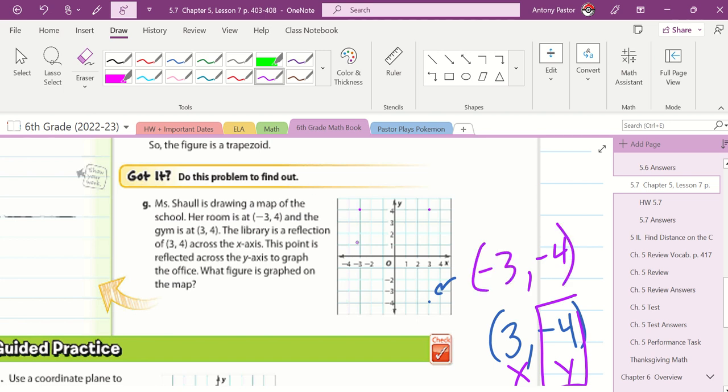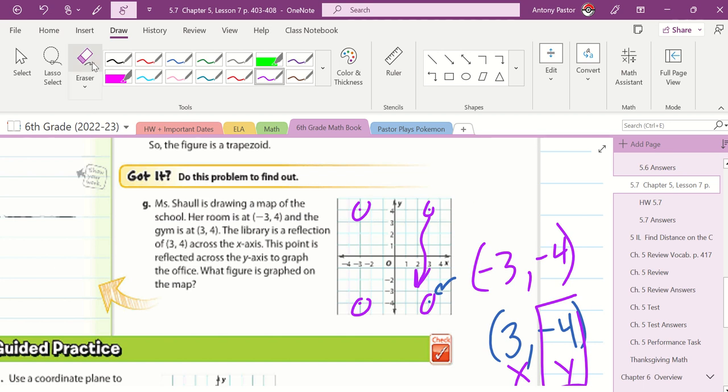And -3, -4 will be right there. So this and this are reflection points of each other. This and this are reflection points of each other. These two are reflection points of each other. And if we actually pay attention, this is -3, 4. This is -3, -4. All four of these are reflections of each other in a way.